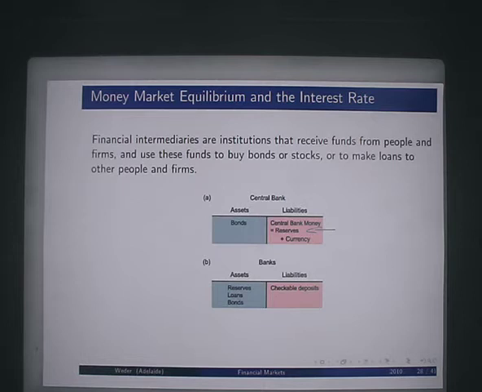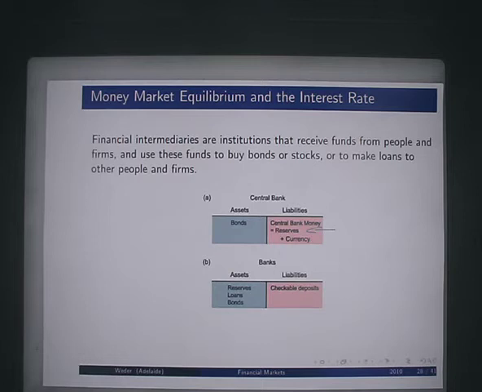So the private banks hold these reserves partially in accounts directly at the central bank. Okay, so it's basically just some number in the accounts that they have with the central bank, or they keep some of the central bank money they receive in their safes. Why would they do this?